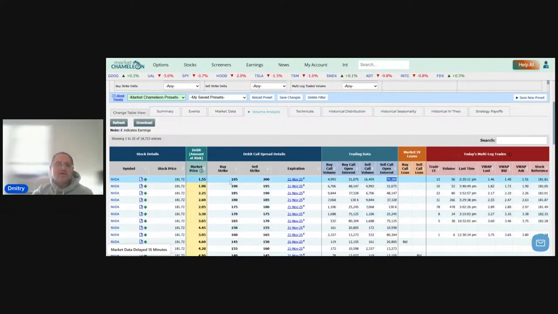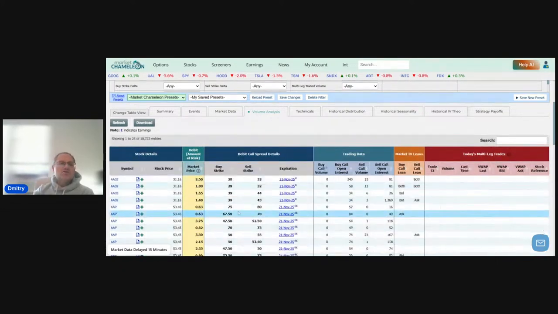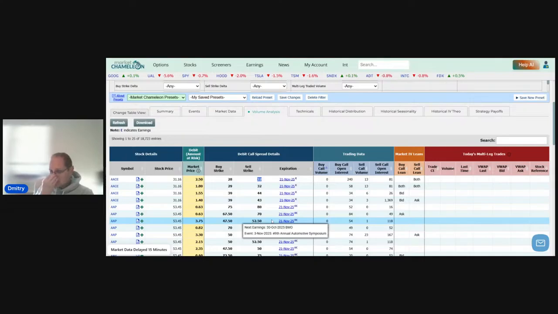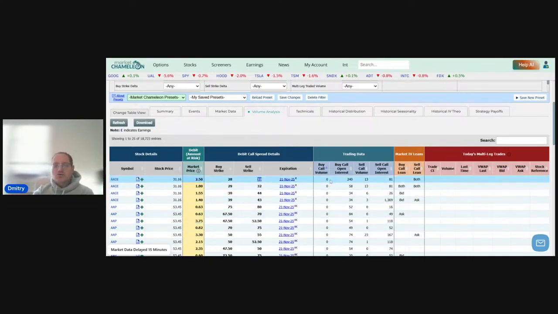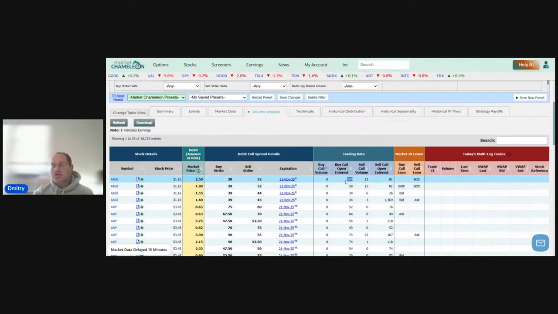This is sorted by market cap, but if we just sort by any one of these columns, like let's say over here, here you see AAOI, and here's a spread that we're looking at, but it had 0 volume on the day in this option. It only has 240 contracts open interest. This one had a volume of 13. So November 21st, 32 call traded 13 contracts.